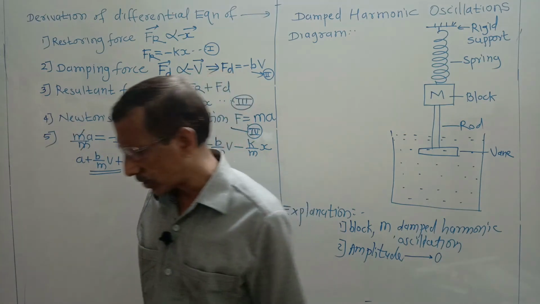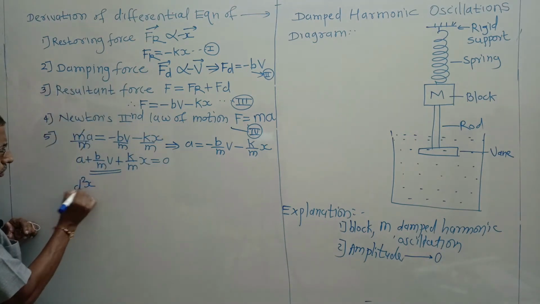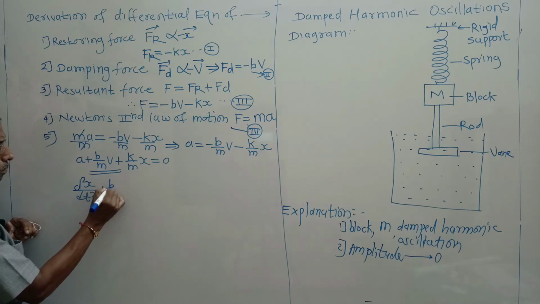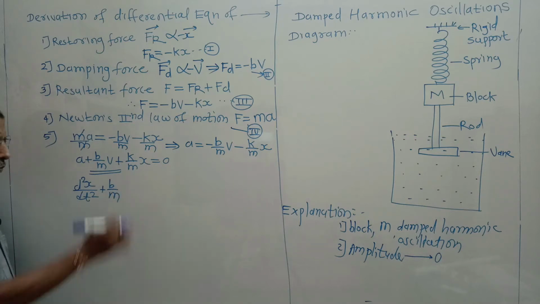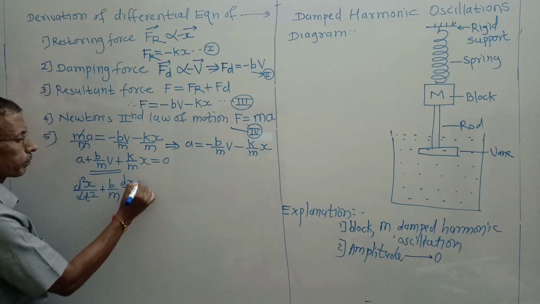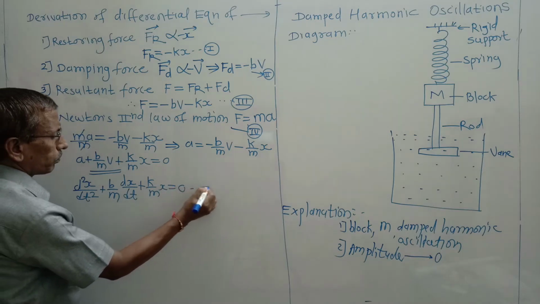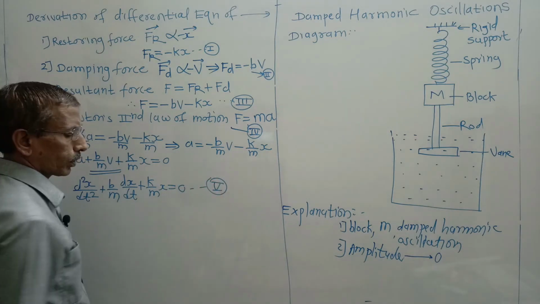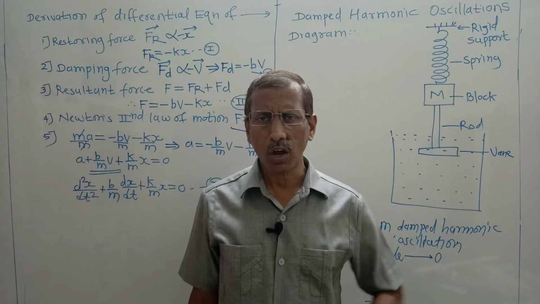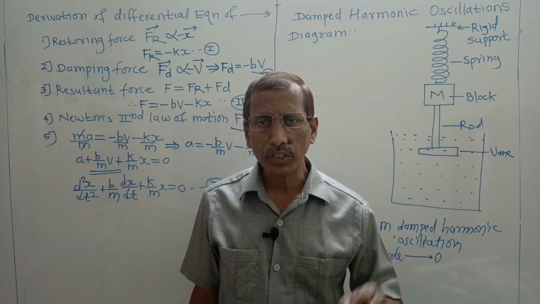So we can write acceleration as d2x by dt square, plus b by m, velocity is the rate of change of displacement so dx by dt, plus k by m x is equal to 0. This equation represents the differential equation of damped harmonic oscillations.